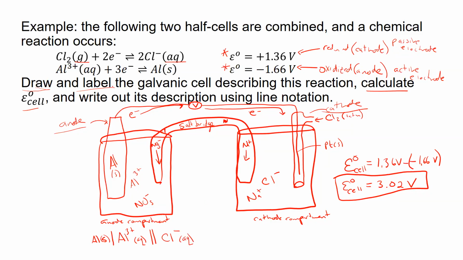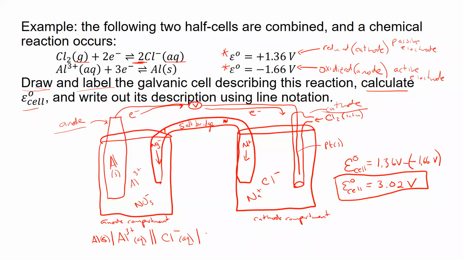Then we have our Cl minus, aqueous. Now you don't have to write it as it is up here. Even though you have a stoichiometric coefficient of 2, you don't need that in your line notation. And then you have the gas that's being reduced. Chloride ion is being reduced. Did I do that right? No, sorry.